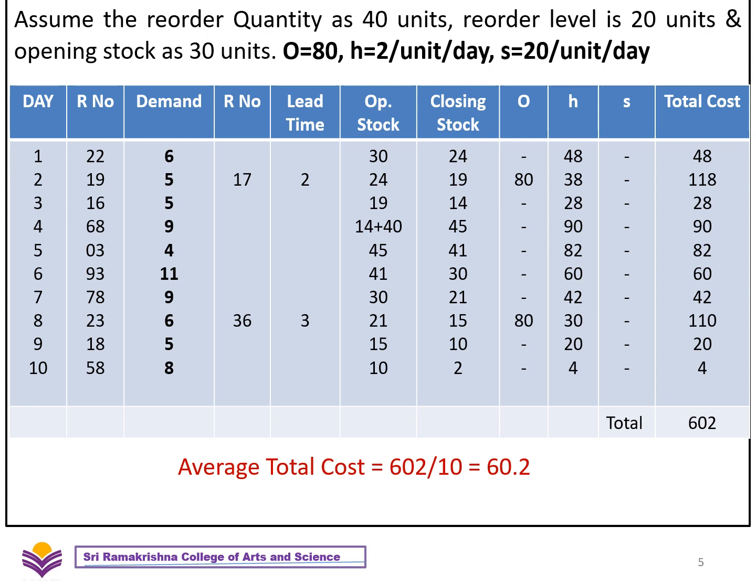But on the 8th day, when the opening stock is 21 and there is a demand of 6 units, it falls below 20. The closing stock is 15. So when it falls below 20 or when it reaches the level 20, we are going to place an order.